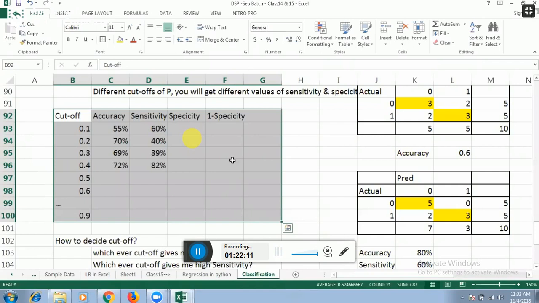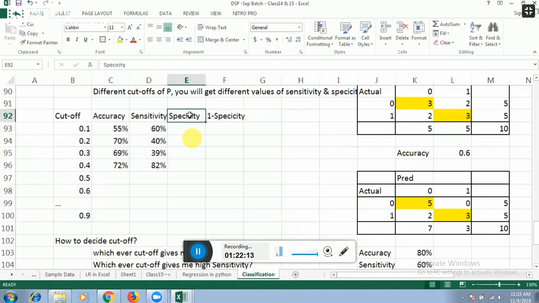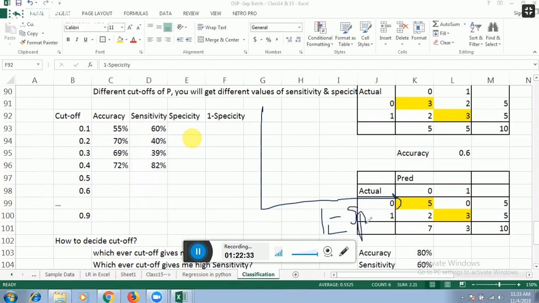Now, if I take this sensitivity and this 1 minus specificity and draw a graph, the graph is something like this. My x-axis is 1 minus specificity, and this is sensitivity.